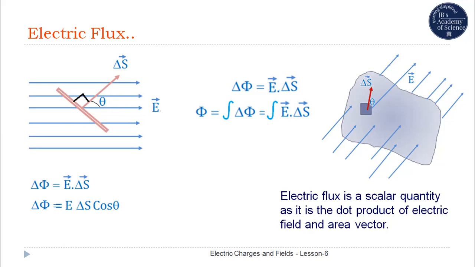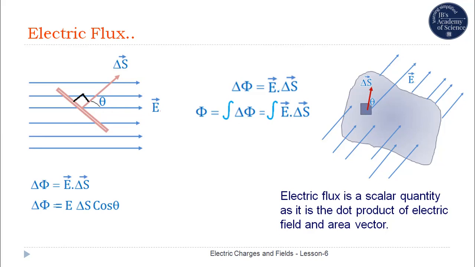You will get the electric flux through the whole area. If delta phi is the electric flux through the small area delta S, that is delta phi is equal to E vector dot delta S, the electric flux through the whole area phi is equal to the integral of delta phi, that is equal to the integral of E vector dot delta S vector.